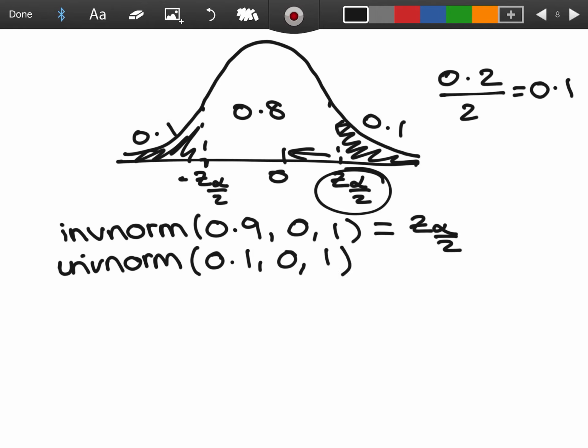You could type in 0.1 as your area and that would give you negative z of alpha over 2. And if you just wanted z of alpha over 2, get rid of the negative. Okay, but these two are just positive and negatives of one another. Okay, so that is all that was saying.